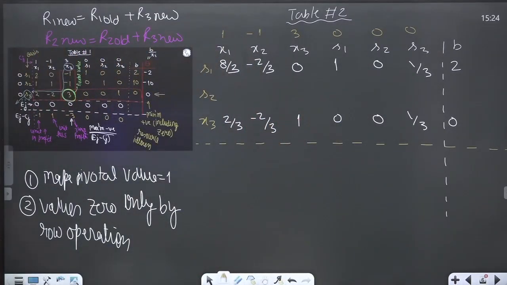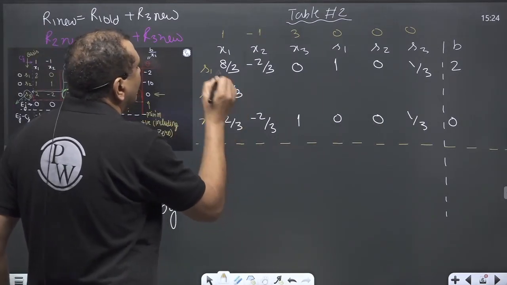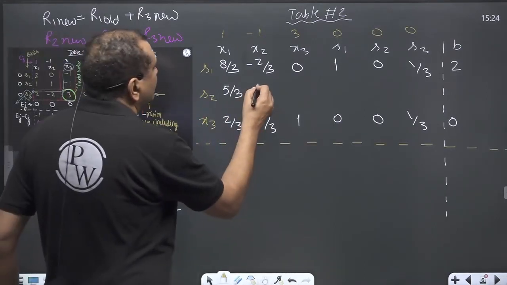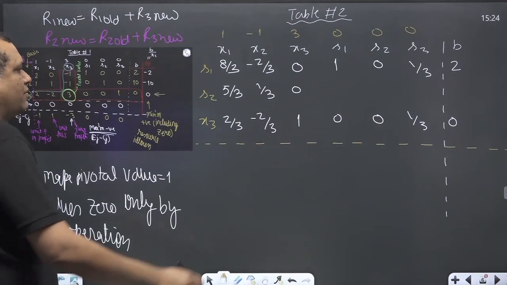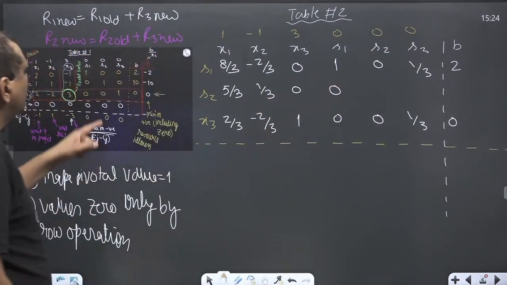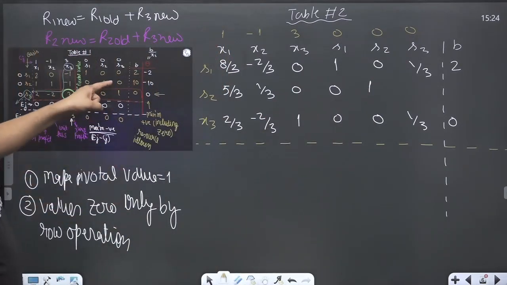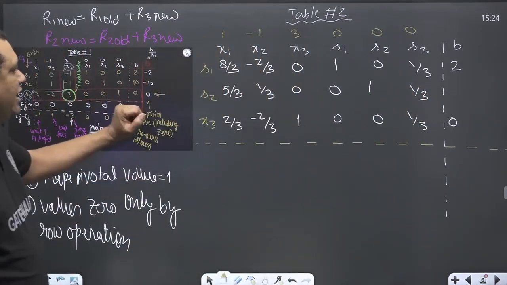So now let us do it again. 1 plus 2 by 3 is 5 by 3. 1 minus 2 by 3 is 1 by 3. 0 plus 0 is 0. 1 plus 0 is 1. 0 plus 1 by 3 is 1 by 3. 10 plus 0 is 10.